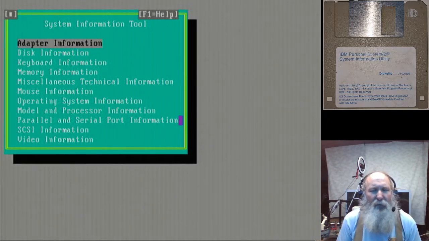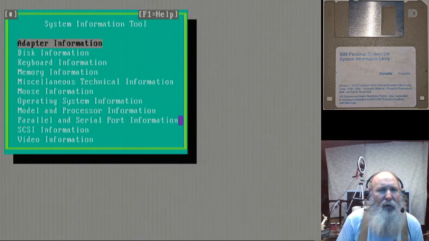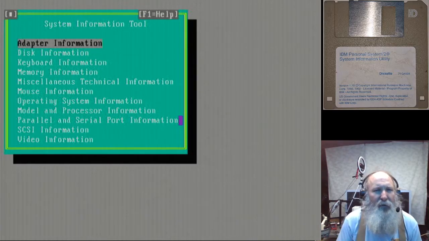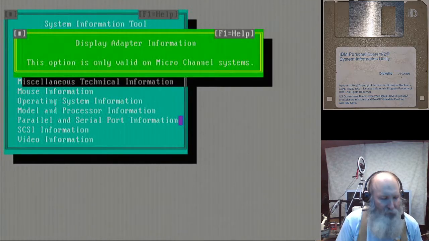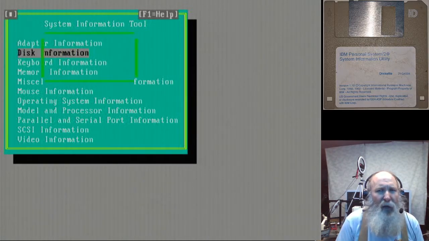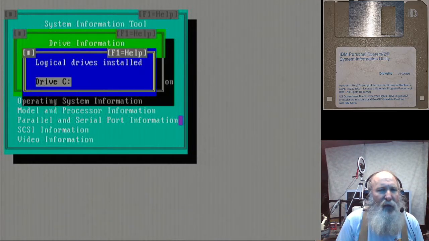You guys remember seeing the mouse cursor being that block mouse cursor that it has in SIT. And for this being a non-microchannel system, I do kind of expect that it doesn't give information on the microchannel aspects, but we can certainly look through everything else.